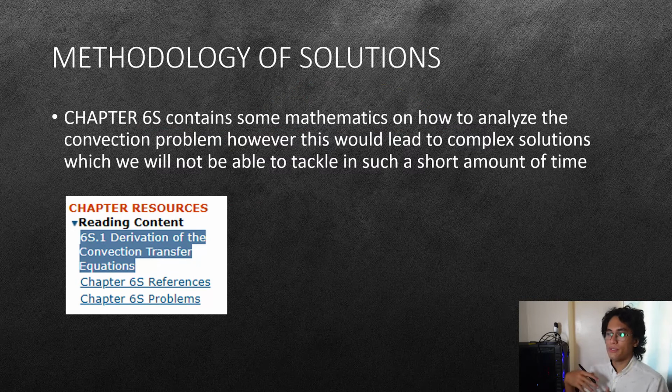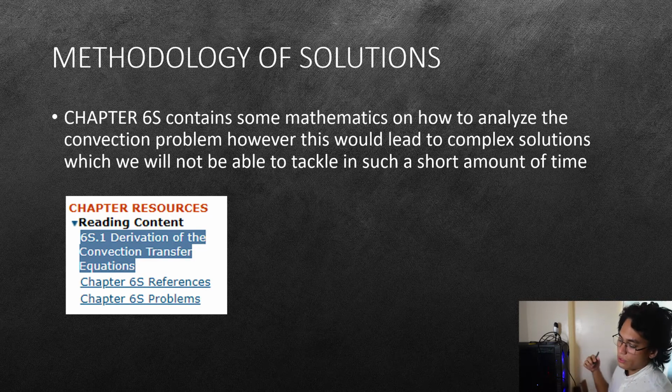So here comes the methodology of the solutions that our previous researchers and experimenters have conducted. Chapter 6S contains the actual mathematical derivation of how we would solve our convection problems if not for the empirical methods.